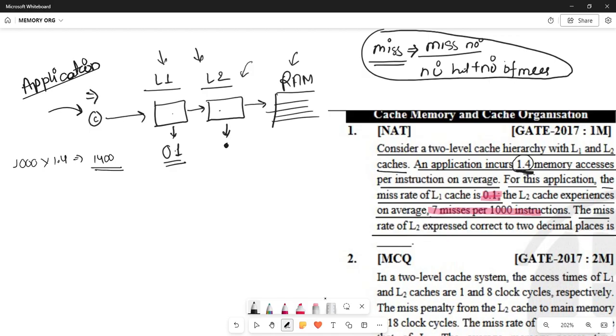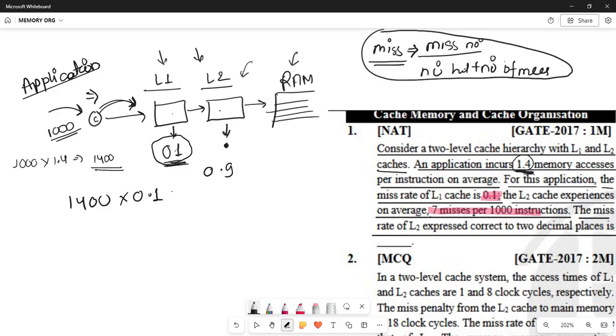So the application is loaded in the CPU, and it has executed 1000 instructions. Now it is sending 1400 memory accesses. Out of those 1400 memory accesses, the miss ratio is only 0.1, meaning the hit ratio is 0.9, but we need the miss ratio here.